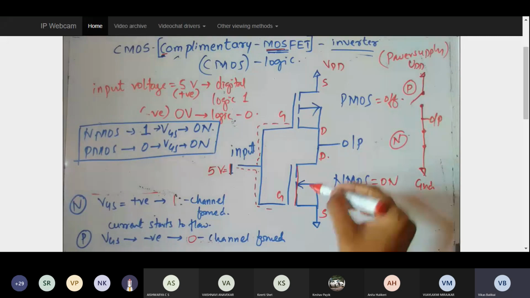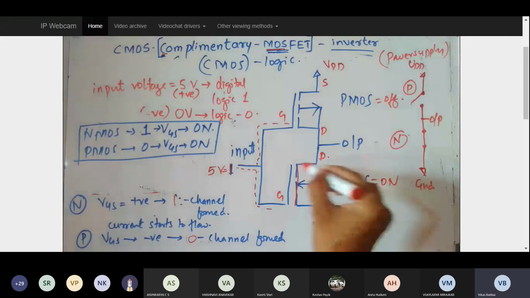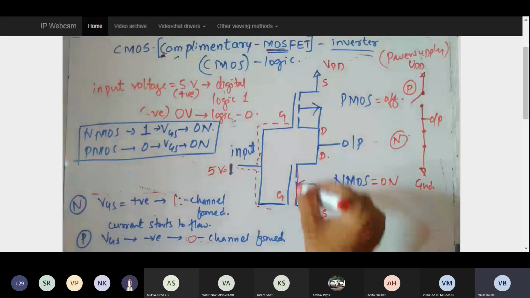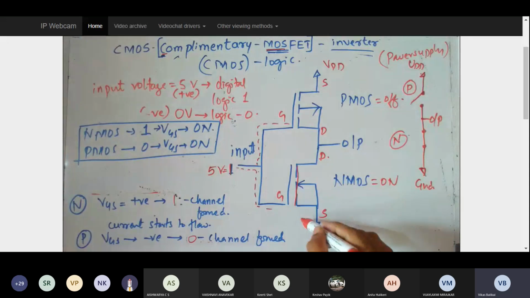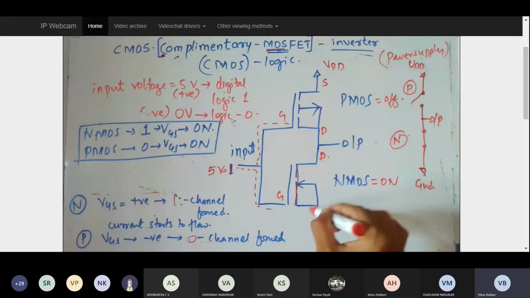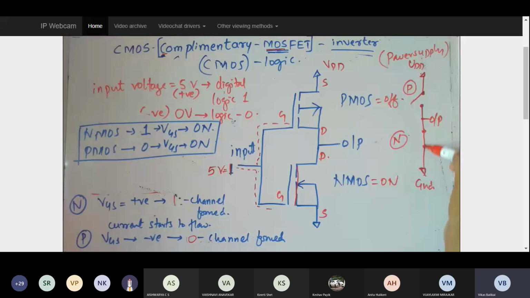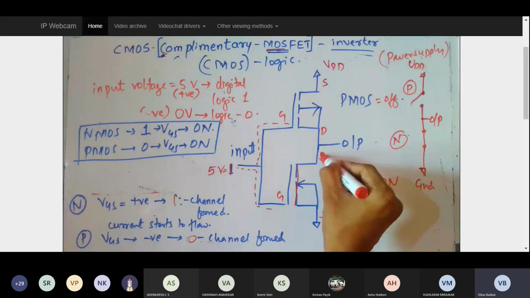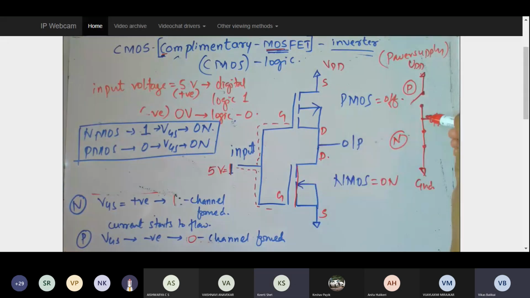But when I say NMOS is on, I say the channel creation has happened over here, and the current can flow from drain to source or source to drain. So which means a connectivity like this has happened. Now all together, if you look over here, through this switch, where is my output connected?